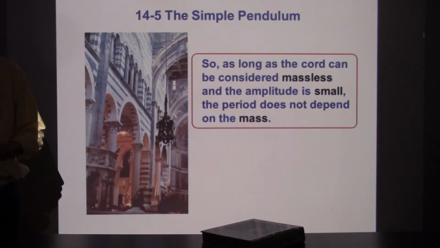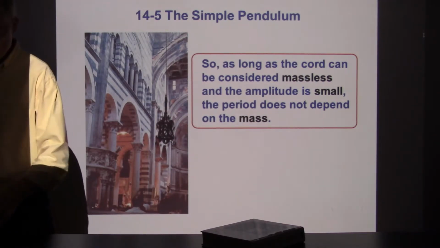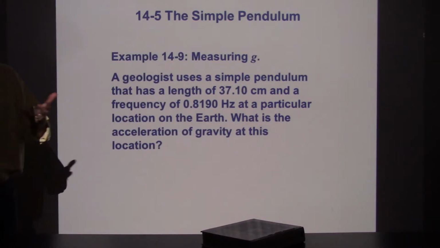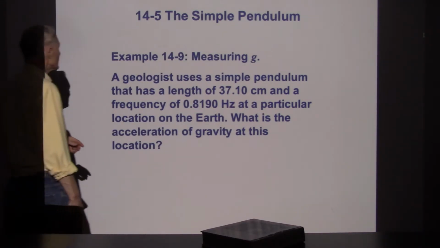What he found was that the small amplitudes and the larger amplitudes had the same period. That was interesting to him. So he was mapping out these properties of simple harmonic motion. And of course the angles were small, so the chandeliers were not oscillating with very large angles.